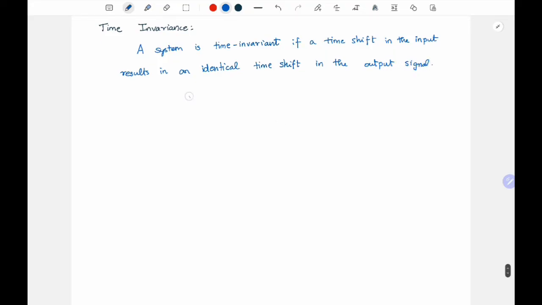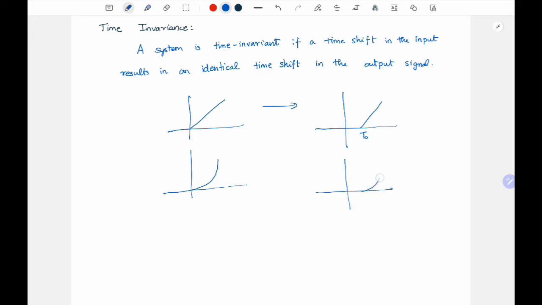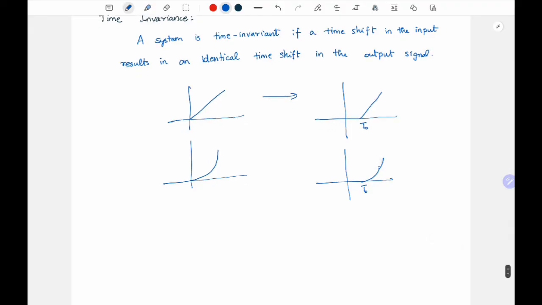For example, let's say this is the input signal and this is the output signal. If I move this input signal by, let's say, some t0 units, then the output signal also should move by t0. But every other thing should be the same. The shape and the points, everything should just get moved by t0, but the shape and other things should remain the same.